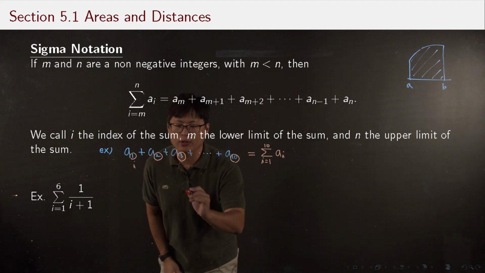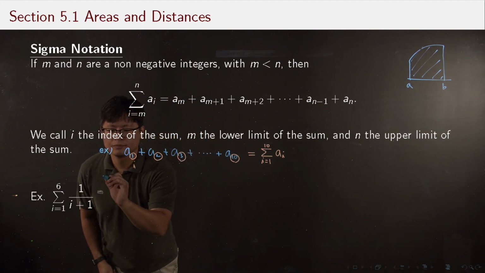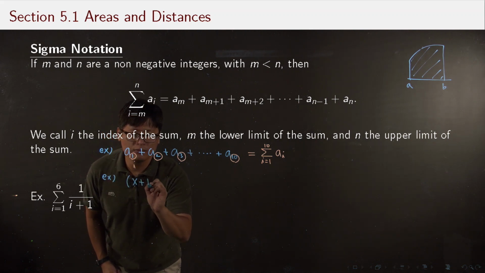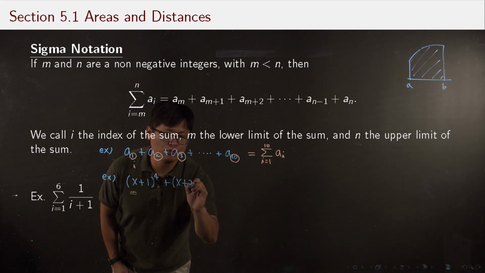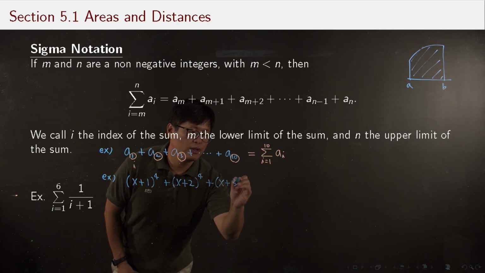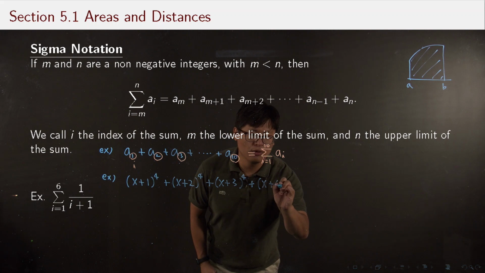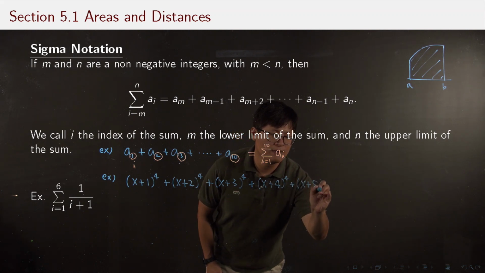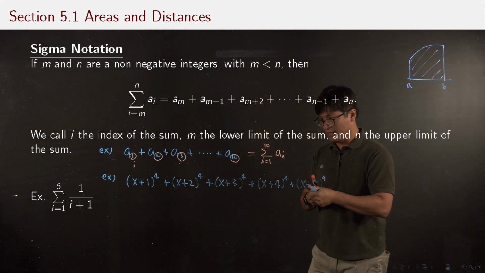But if it is not this kind of sequence form and it is a function form, let me show you what to do. Here we go, another example. If it is (x plus 1) to the 4 plus (x plus 2) to the 4 plus (x plus 3) to the 4, (x plus 4) to the 4, and (x plus 5) to the 4. Can you figure out which one is the index? Yes, it is easy, right?